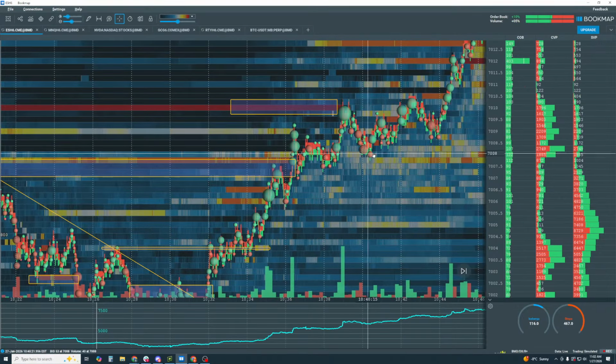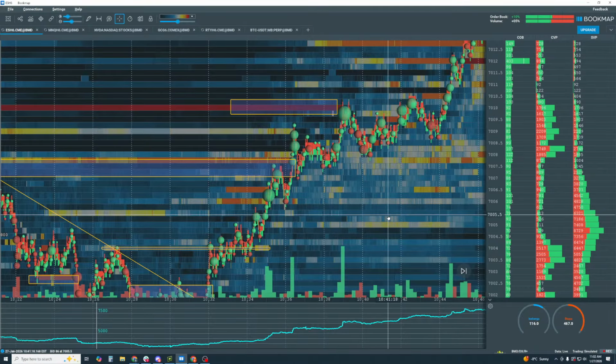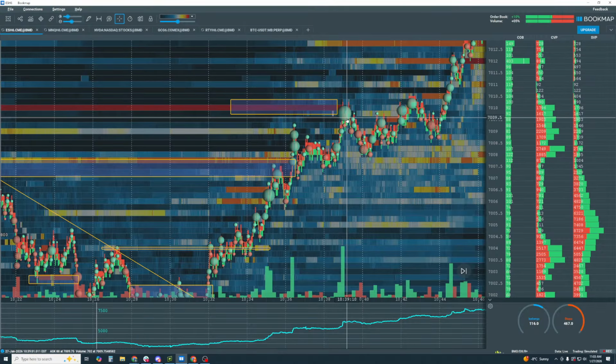But look at this structure in here. Was there any reason to get out of this? There wasn't. I mean, I thought what we'd have is it would trade here and then we'd see a pullback all the way back down here, and it's not worth it. I would rather just take my profit, because of the environment that we're in.